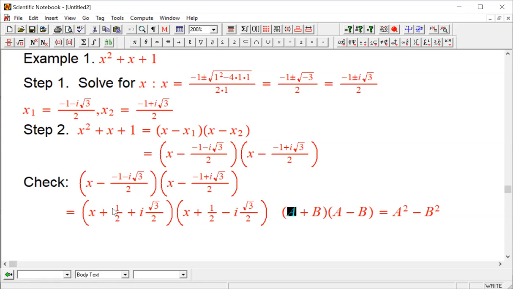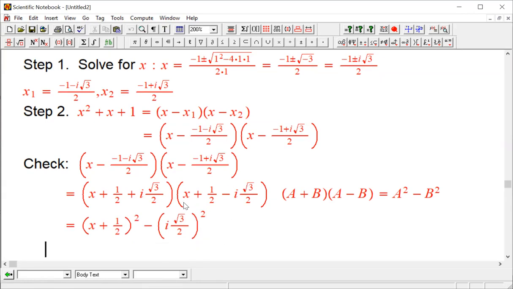Our A is x plus half. Our B is i times root 3 over 2. So this will give us x plus half squared minus B squared, where B is this guy, squared.